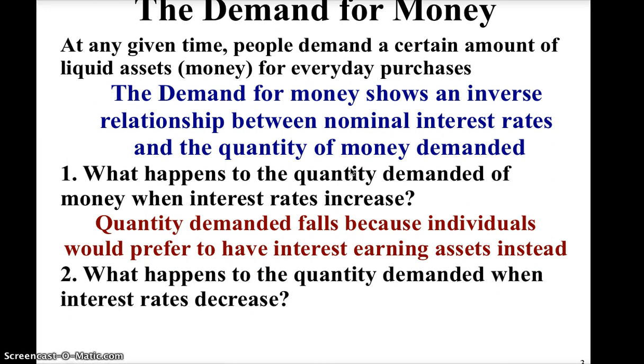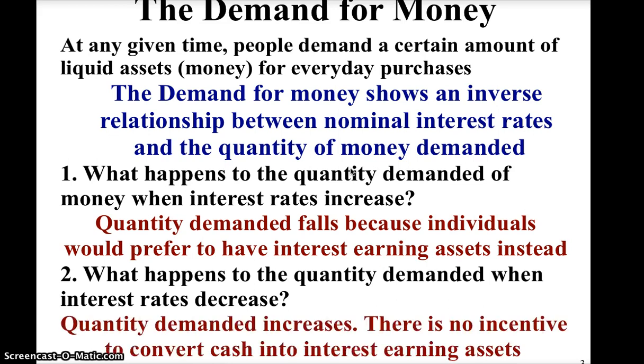Whereas, what would happen to quantity demanded for cash when interest rates decrease? Well, the quantity demanded, meaning the amount that you would be willing to just carry around in cash or having in a checking account earning no interest, would be very high if your savings account had a close to 0% interest rate, which is sort of what's happening now.